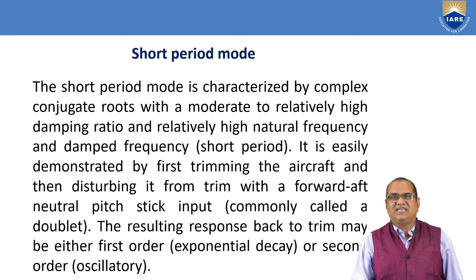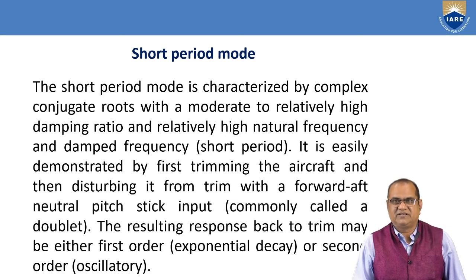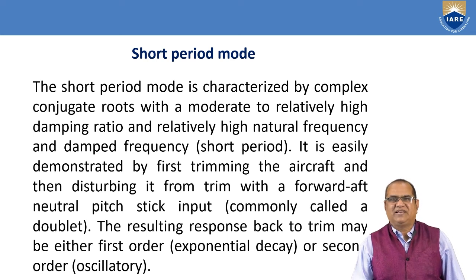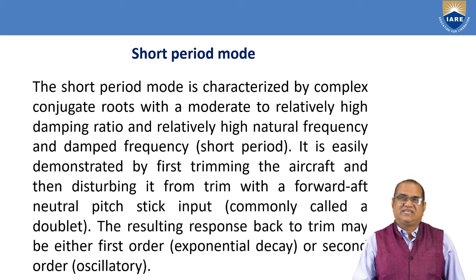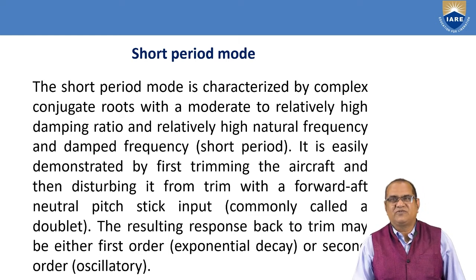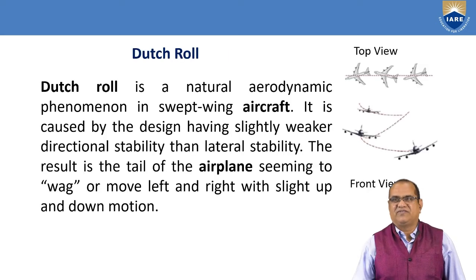It is easily demonstrated by first trimming the aircraft and then disturbing it from trim with a forward aft neutral pitch stick input, commonly called a doublet. The resulting response back to trim may be either first order exponential decay or second order oscillatory decay. So this short period mode is also very important to understand the dynamic stability of the aircraft.